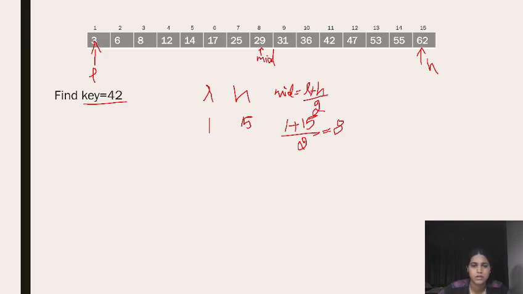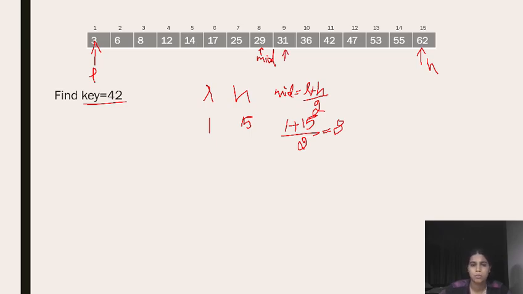Let us compare the element in the 8th position with the key. The key is greater than the mid. As we saw in the algorithm, when the key is greater than the mid, the L position will be changed to mid plus 1. Mid is 8 plus 1 is 9.